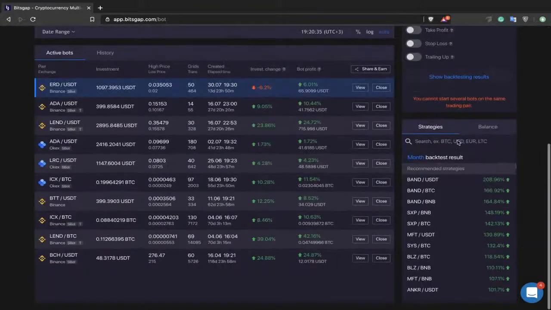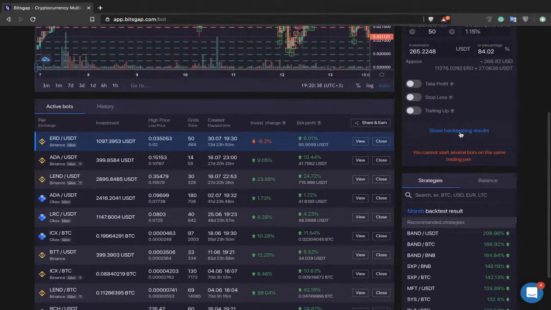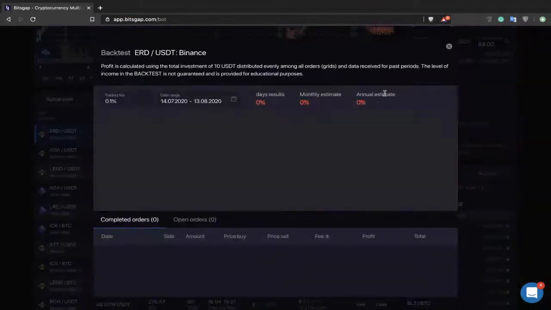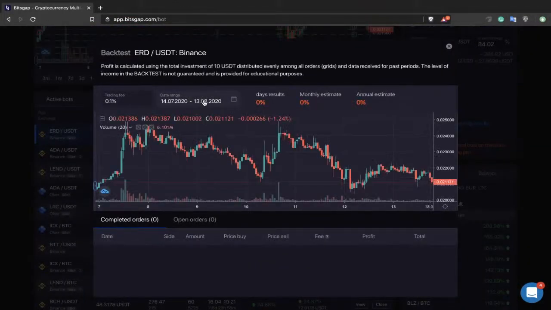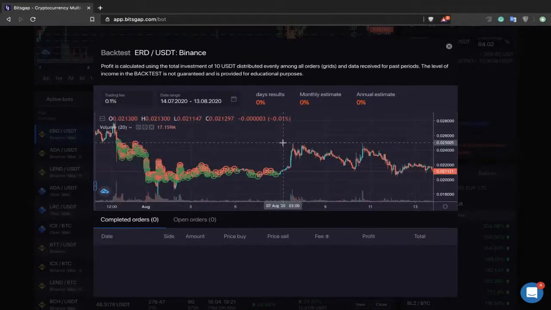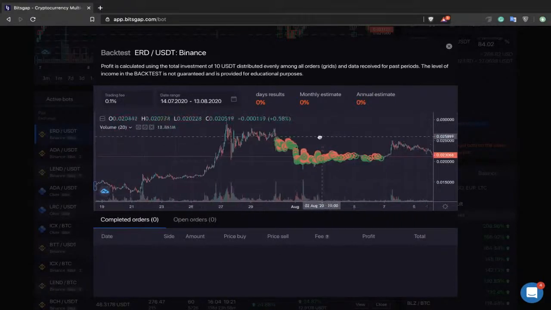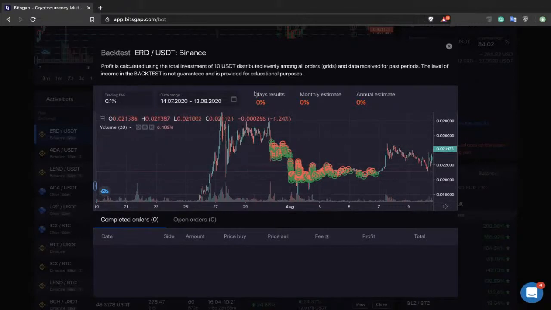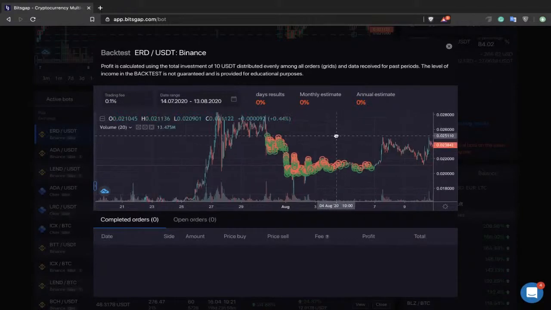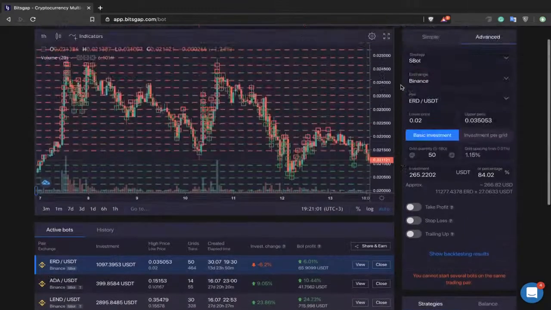It's more like the problem of my MacBook, as it doesn't have enough computation power sometimes to handle these calculations. So yeah, you see we have now some results plotted on the chart, and it takes time to calculate the results. But I don't know why it just got stuck here for some reason. So let's come back to this a little bit later. Just don't want to waste your time.